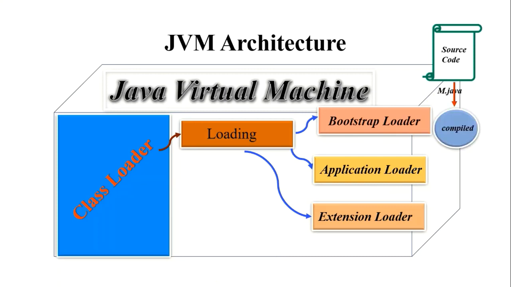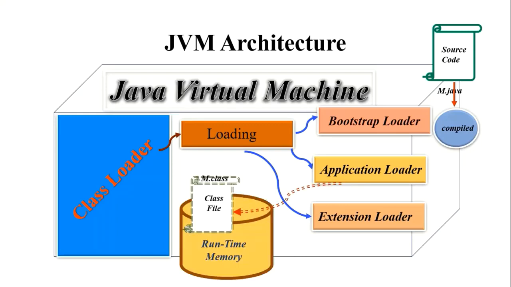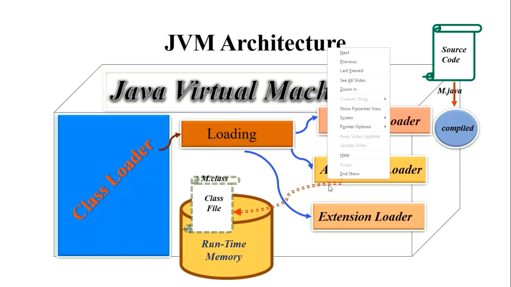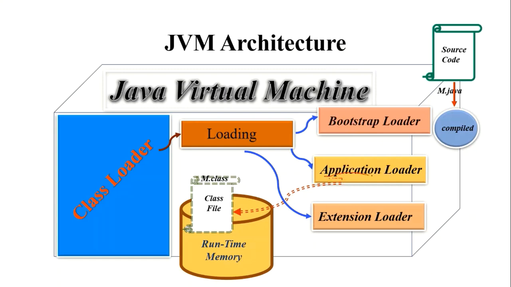Whenever we have a source file and when it is compiled, we get a .class file, right? This .class file is loaded into the runtime memory with the help of the application loader. So application loader does a very simple task of loading the .class file to the main memory.